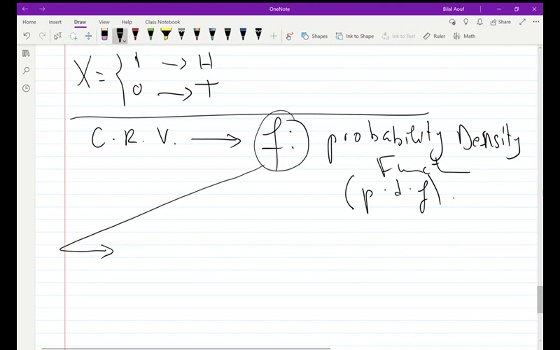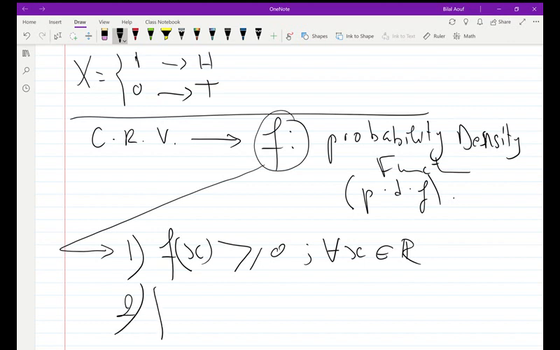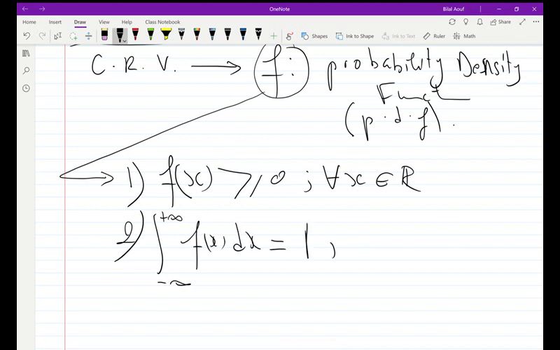The first condition, f of x must be greater than or equal to 0 for any x belongs to set R. The second condition, the integration of f of x between minus infinity and plus infinity must equal to 1, which is the total probability.